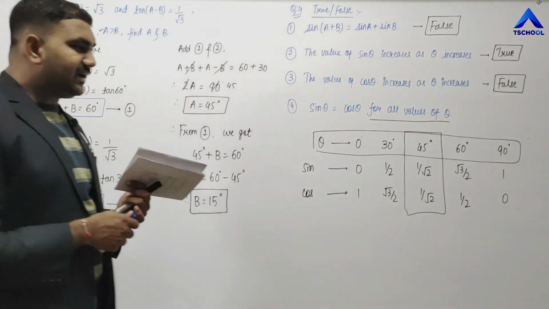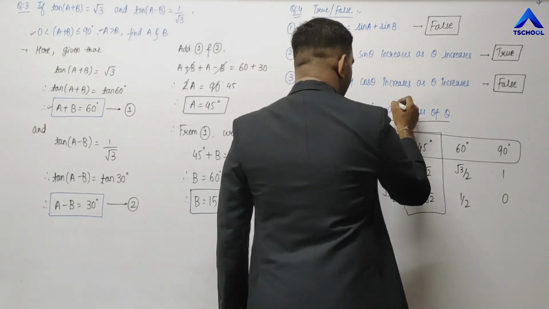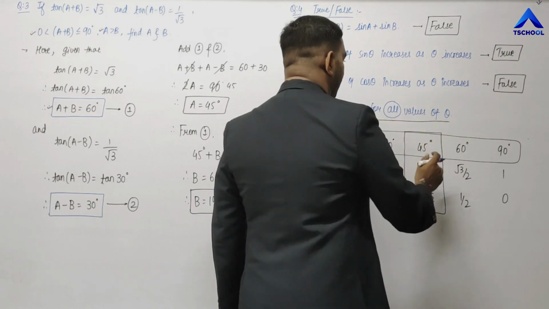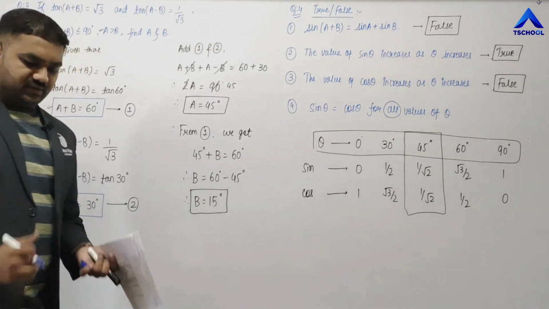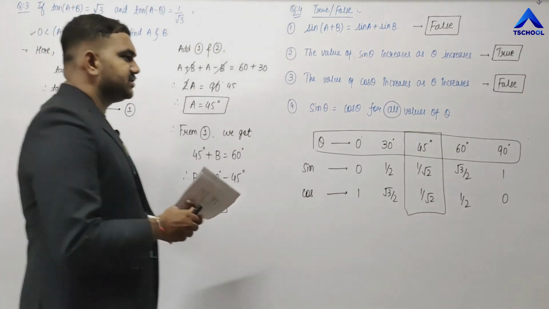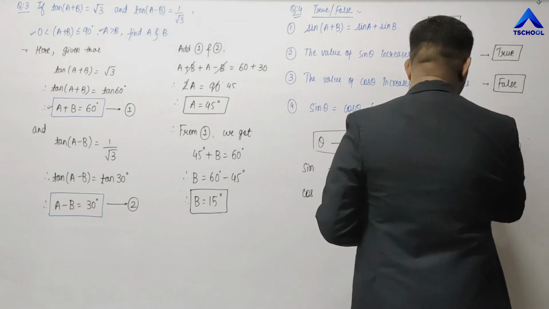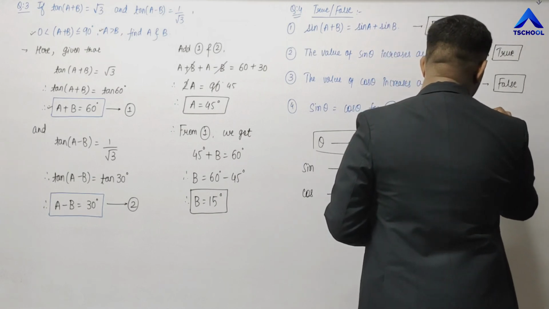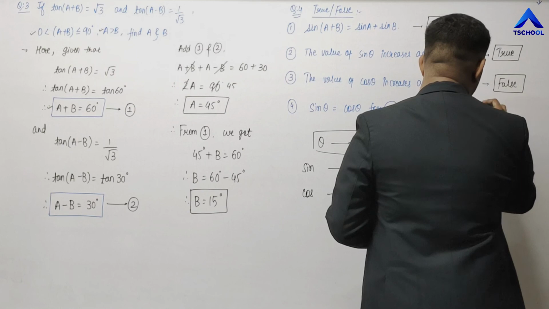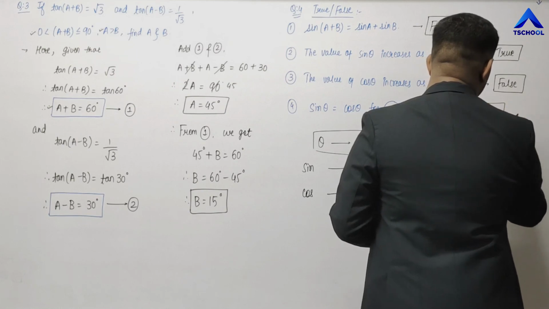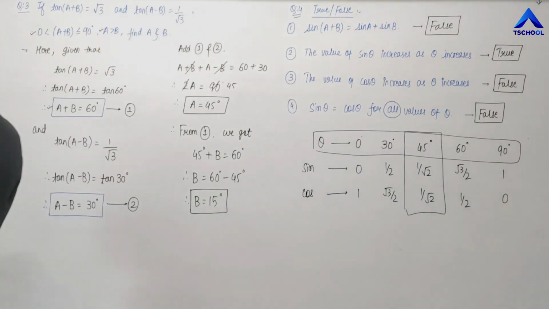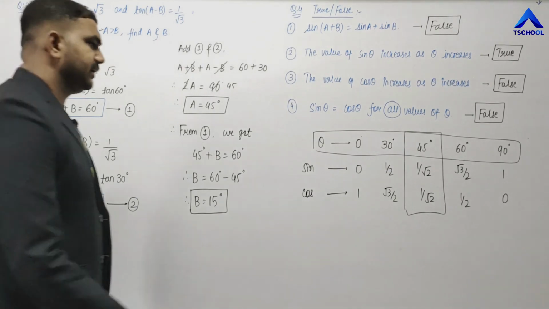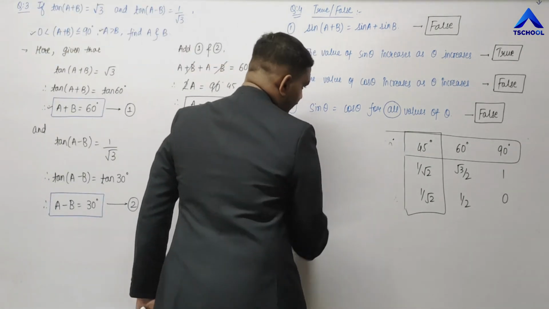So the main difference here is the phrase "for all values of theta". Right? So the answer here will be false. Okay, is this clear? Okay, so that's it for the fourth one.